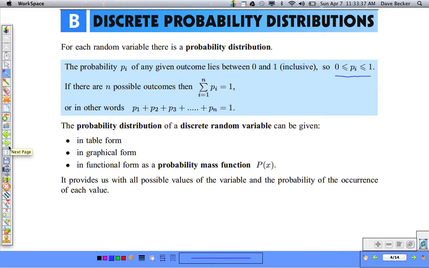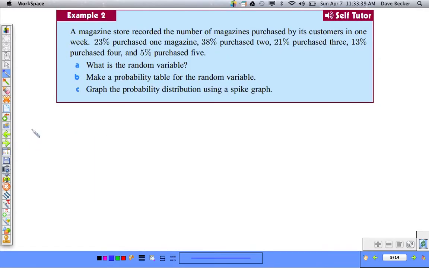Okay, so we're just going to do a couple of examples here. A magazine store recorded the number of magazines purchased by its customers in 1 week. 23% of the customers purchased 1 magazine, 38% purchased 2, 21% purchased 3 magazines, 13% purchased 4, and 5% purchased 5. What is the random variable?